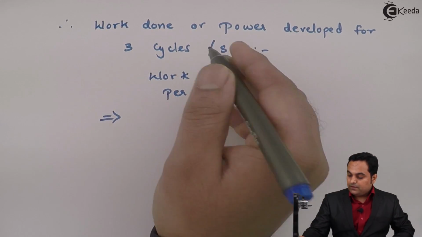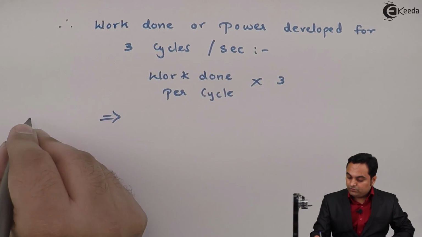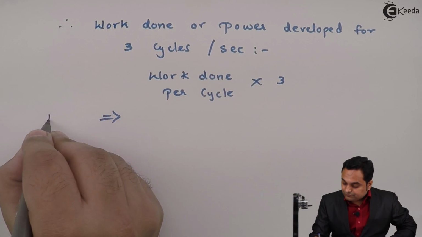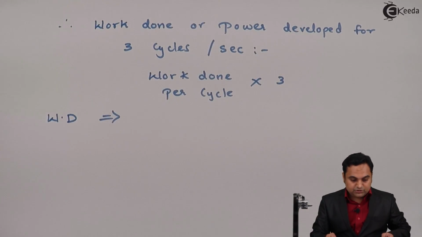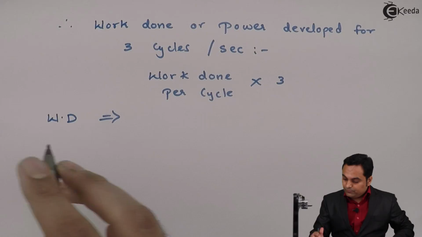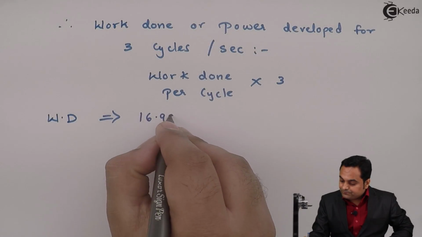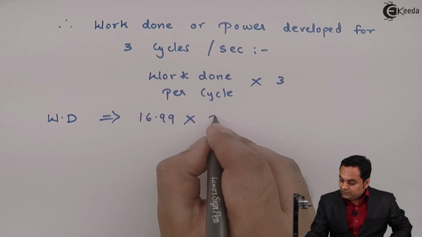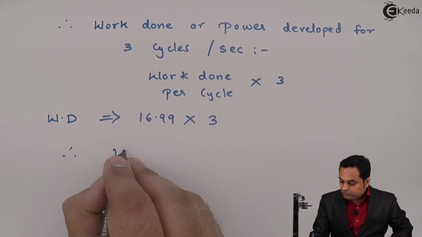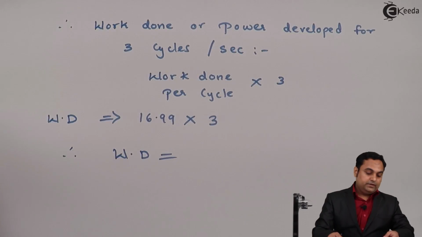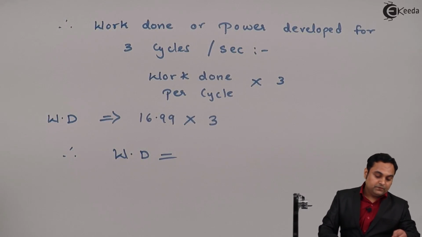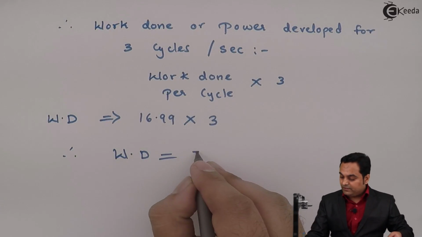The work done per cycle was 16.99, into 3. So the total work done, or in other words the power developed, is 50.99.